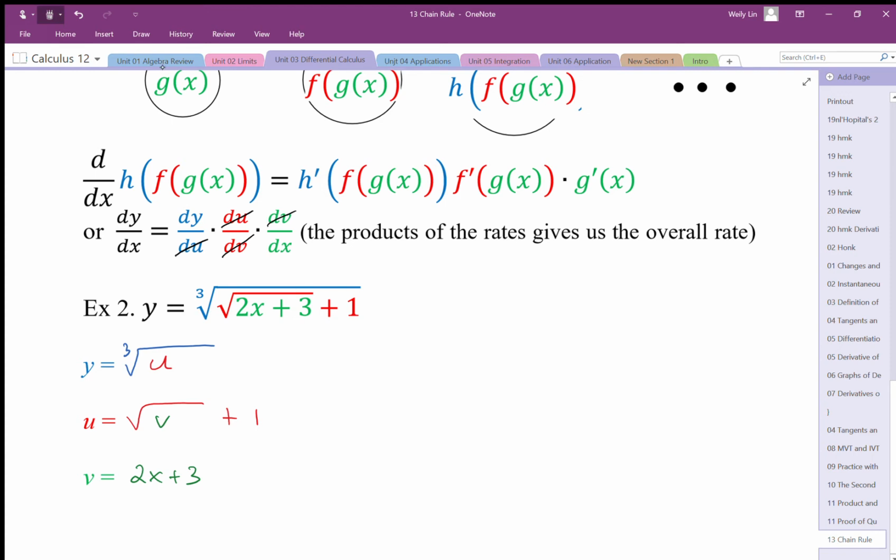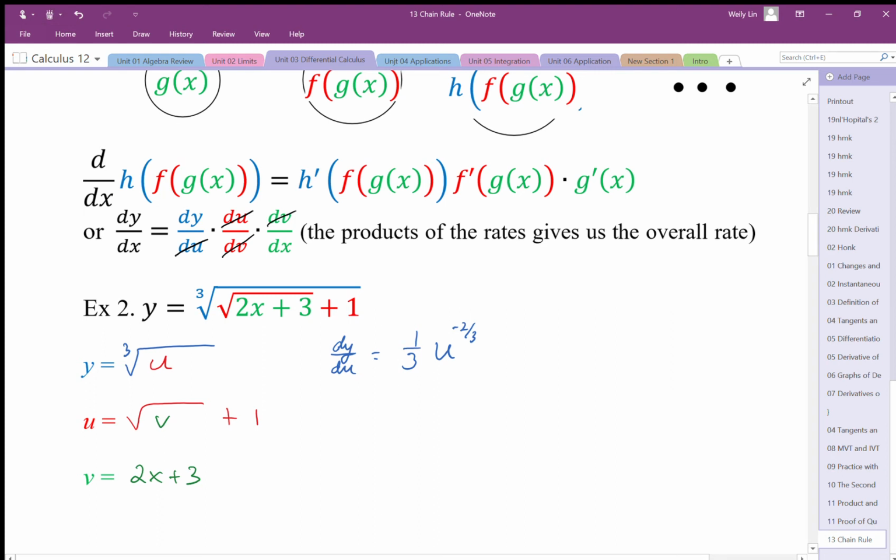If I do it in pieces, the derivative dy over du is just the derivative of that function. It's going to be 1/3 u to the power negative 2/3, applying the power rule.